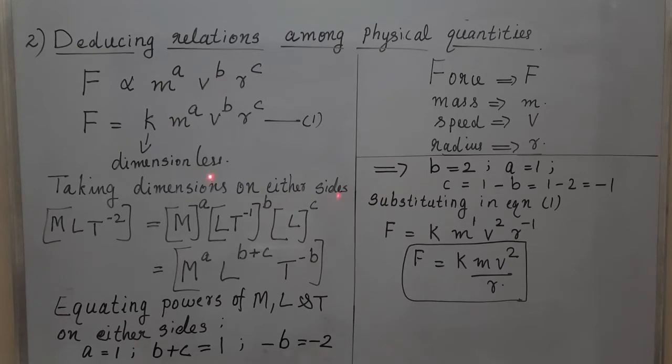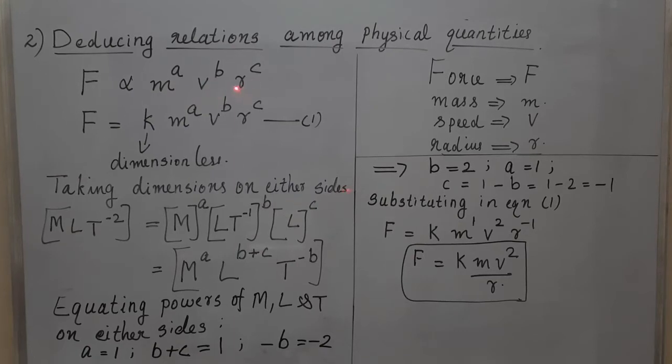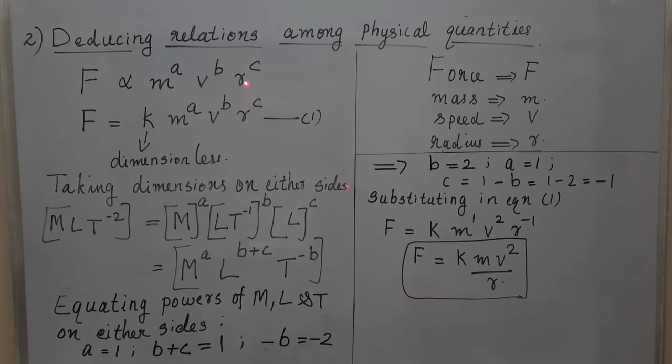So we set arbitrary powers as a, b and c. So F proportional to m^a v^b r^c. That is the first step.